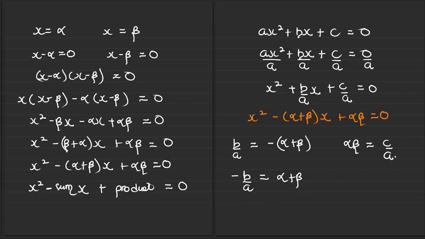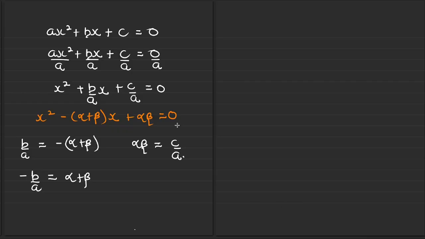Now, to prove what we've done here, let's take a quadratic function, we know its roots, and then reverse engineer it to see if we would get back what this is claiming.